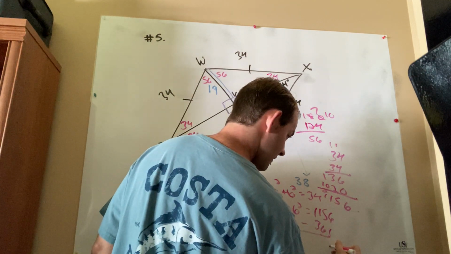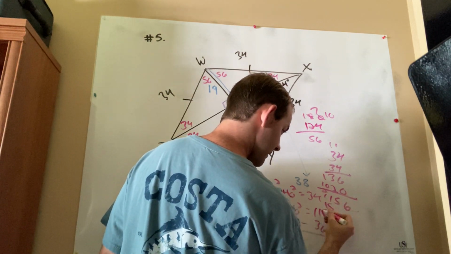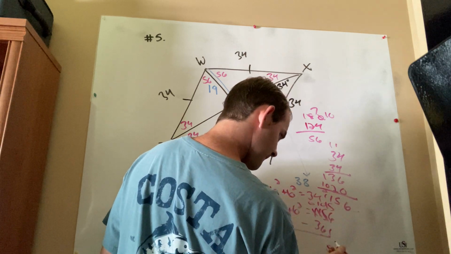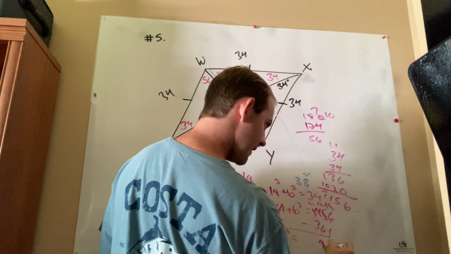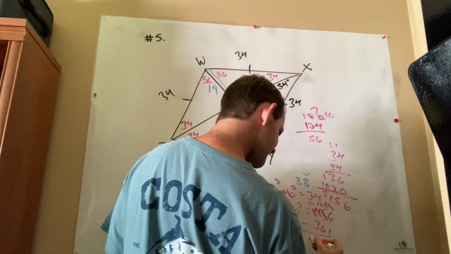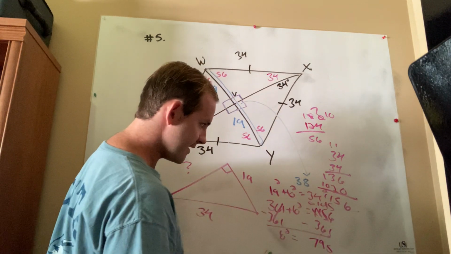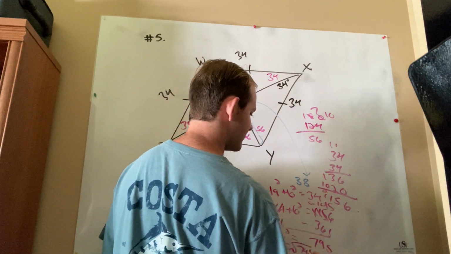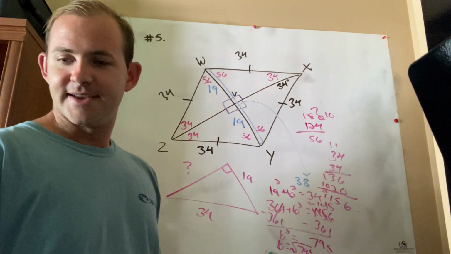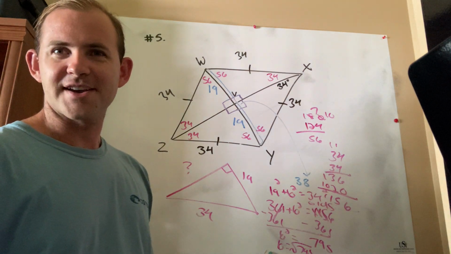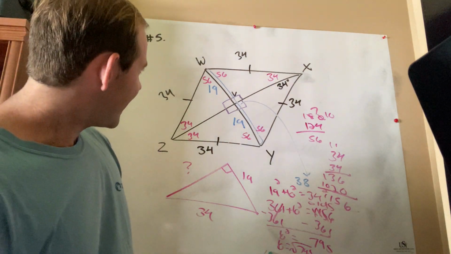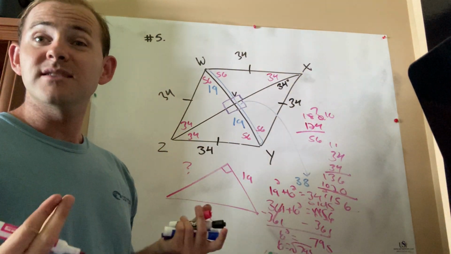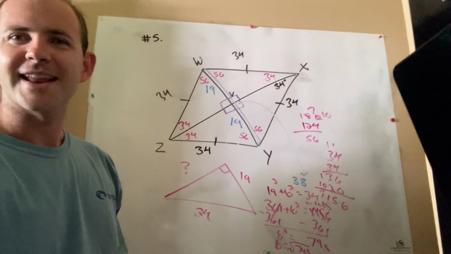So that's going to be 795. And so B would just be the square root of 795. I'm not even going to try to simplify that, okay? So don't even worry about that. But then, because this piece right here is actually twice as long, it would just be 2 root 795.